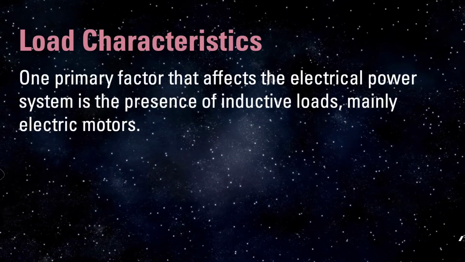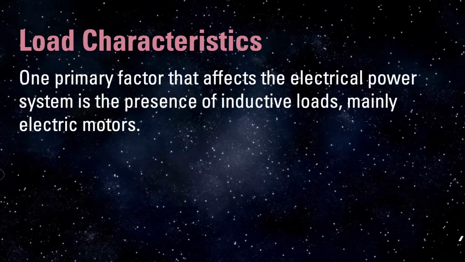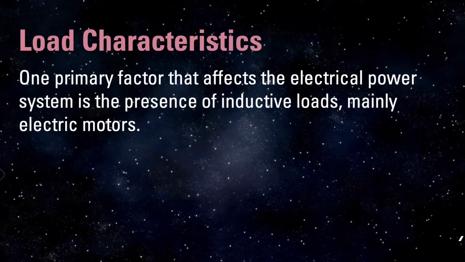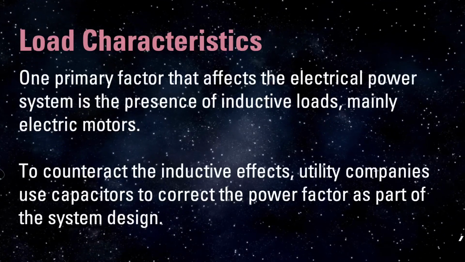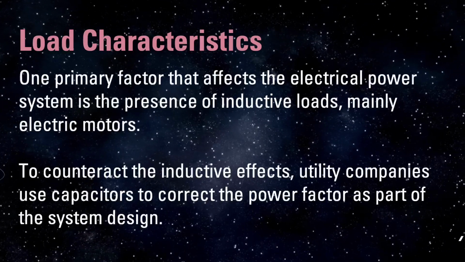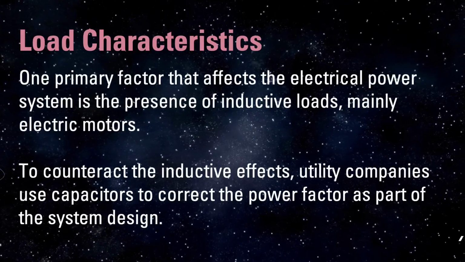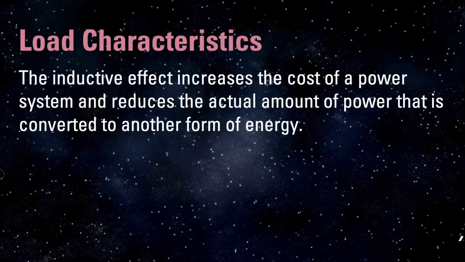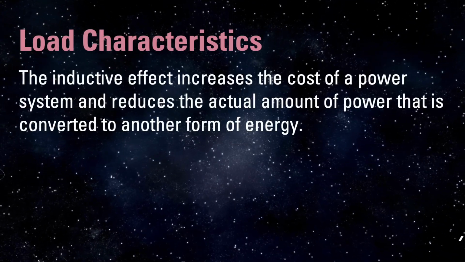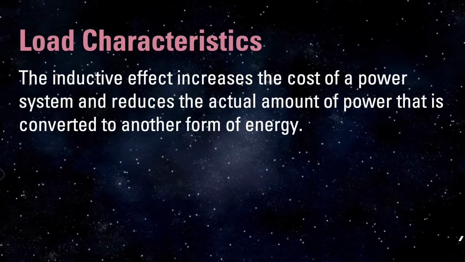One primary factor that affects the electrical power system is the presence of inductive loads, which are mainly electric motors. To counteract the inductive effects, utility companies use capacitors to correct the power factor as part of the system design. The inductive effect increases the cost of a power system and reduces the actual amount of power that is converted to another form of energy.